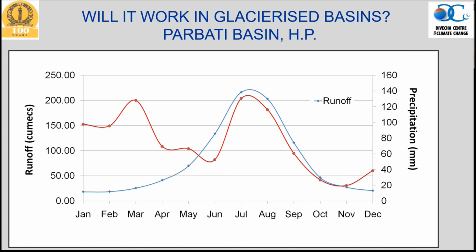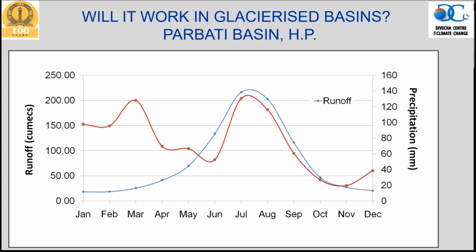So this is a picture where the runoff and precipitation are plotted. Whatever you see in red here is the precipitation, and you can see the precipitation is very large in March, but runoff, which is blue in color, is very low in March.